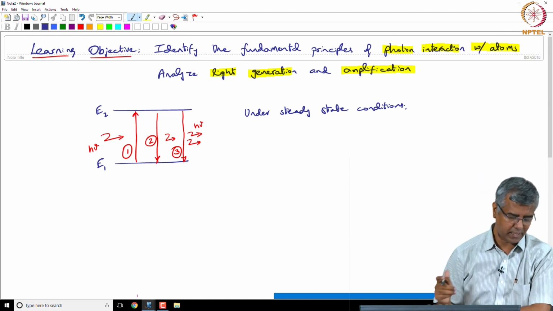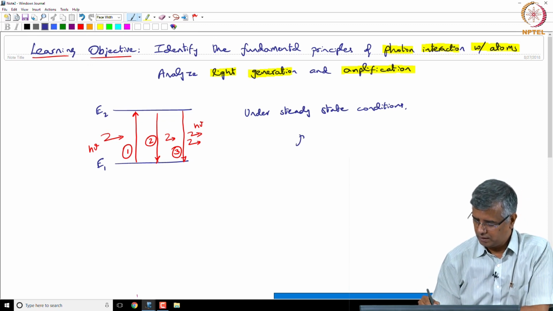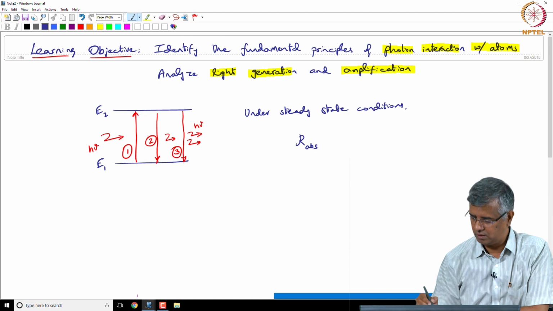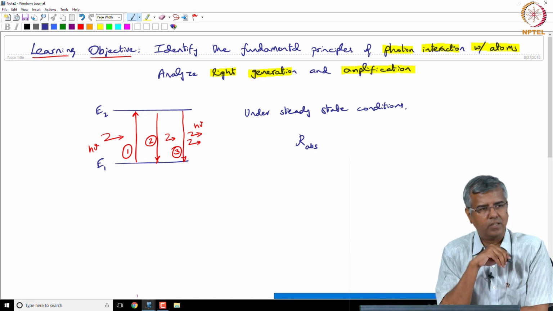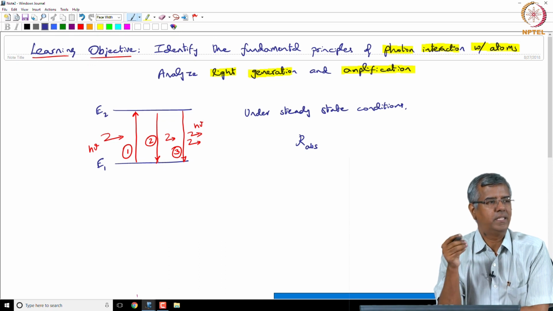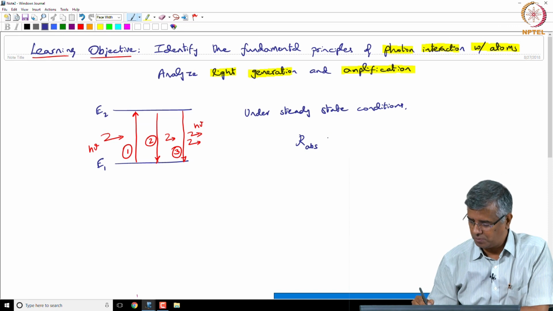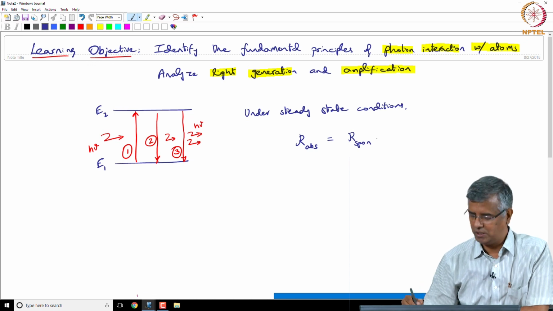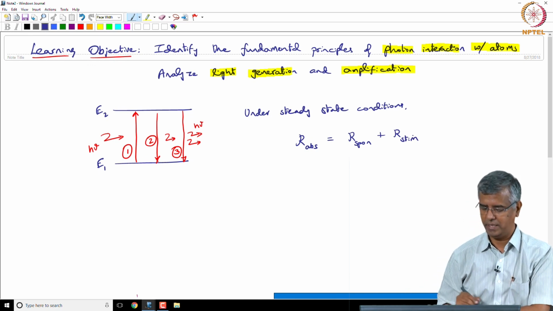So, under steady state condition, you can say that the rate at which the absorption process happens, assuming that the energy does not get lost in any other way, has to be equal to the rate of spontaneous emission plus stimulated emission, right.